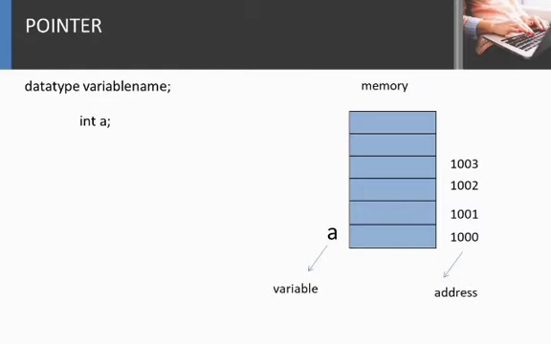And if we want to initialize a equal to 25, what will happen? That 25 will be placed at the particular memory address 1000, because 1000 is the starting address, right? So here a is the variable, 25 is the value, and 1000 is the address. Okay.